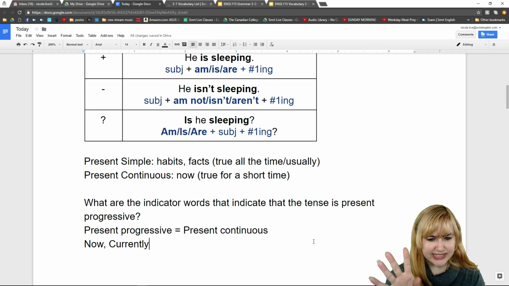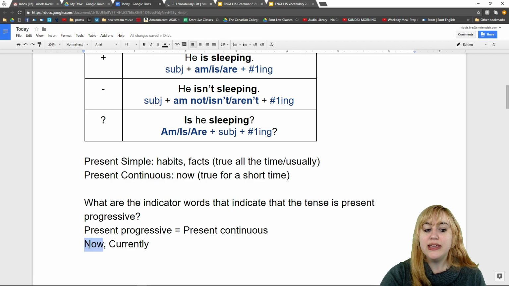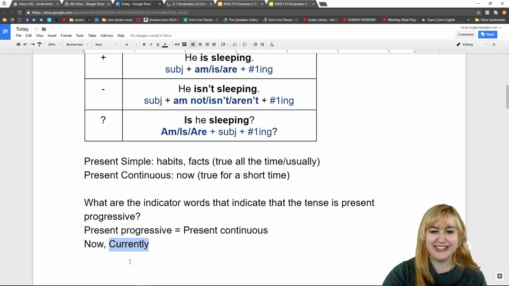But, and we'll get to this in just a moment, it's not 100% connection. Sometimes we can use now with present simple. And I'll explain why in just a few minutes. But maybe, I don't know, 90 or at least 80% of the time, if you see a word like now or currently, you're probably going to use present continuous. Ooh, that was a good question.